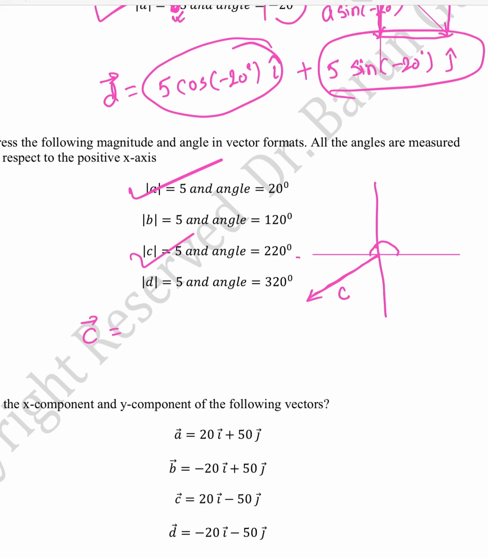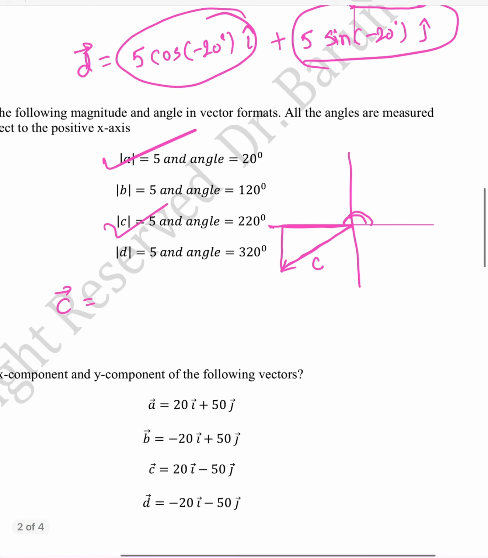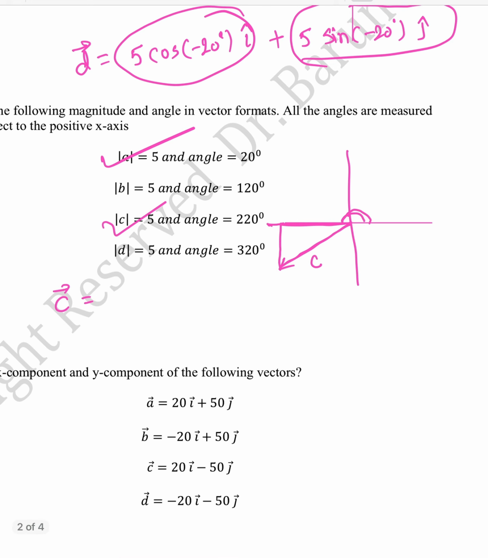Then how do I find all the numbers here? The x component will be, and this angle, so I can write it down simply. There are two ways you can solve this one. I'm going to solve it one way, and then you should be able to find the other way.